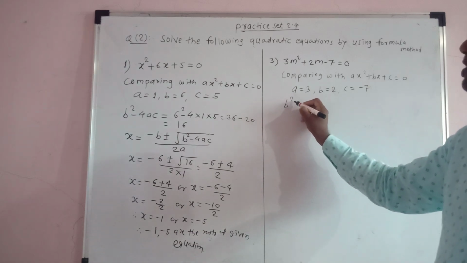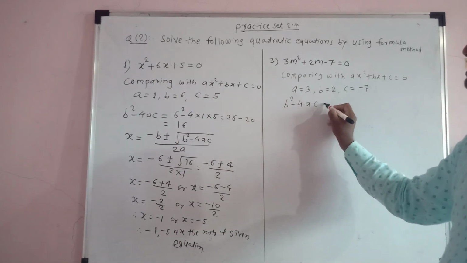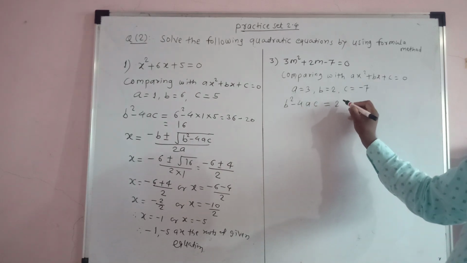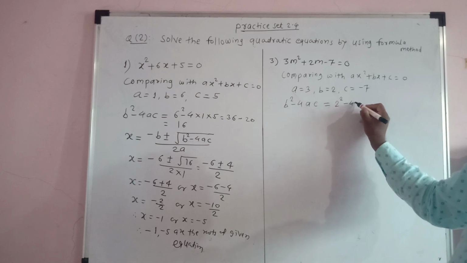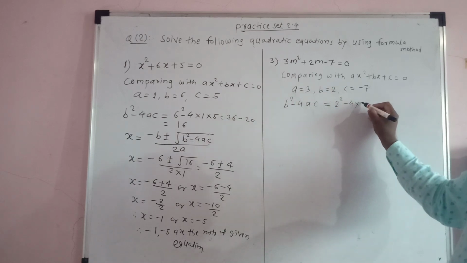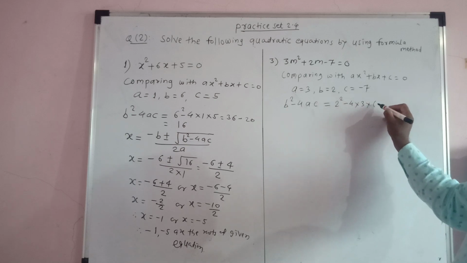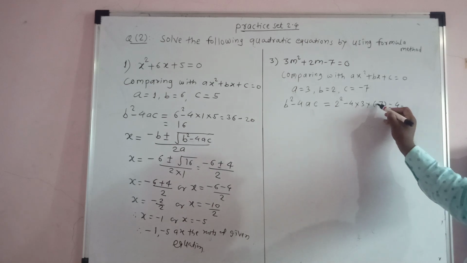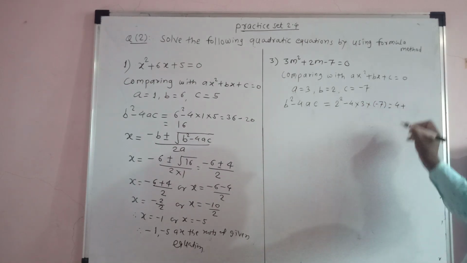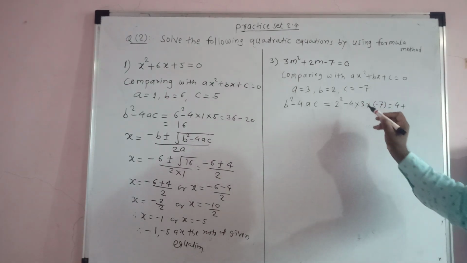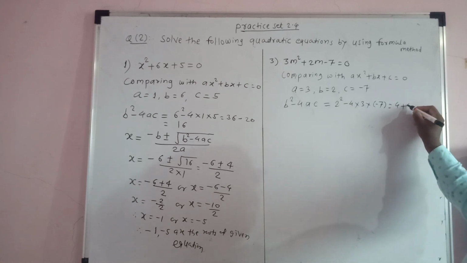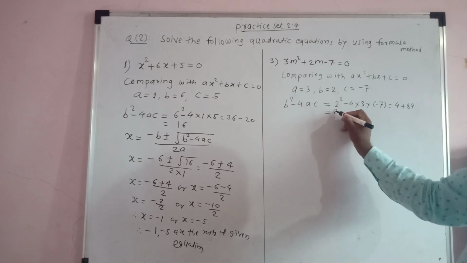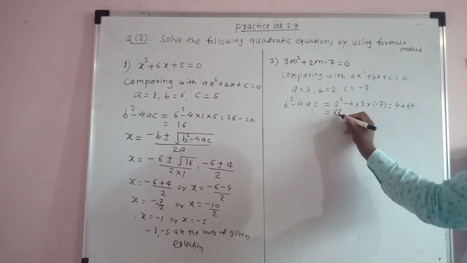Now find the value of b square minus 4ac. b square minus 4ac is equal to value of b is 2 square minus 4 into value of a is 3 into value of c is minus 7 is equal to 4 minus, this minus and this minus will be plus, 4 into 3 is 12, 12 into 7 is 84, 84 plus 4 we get 88.